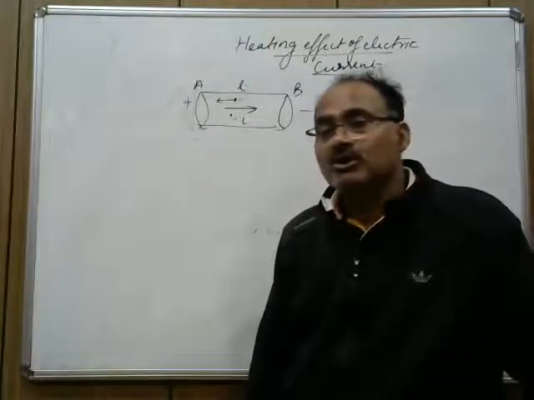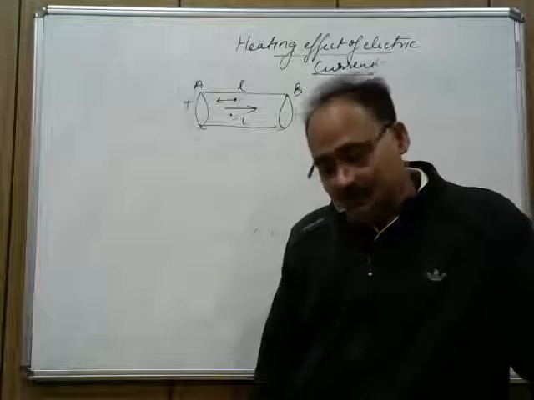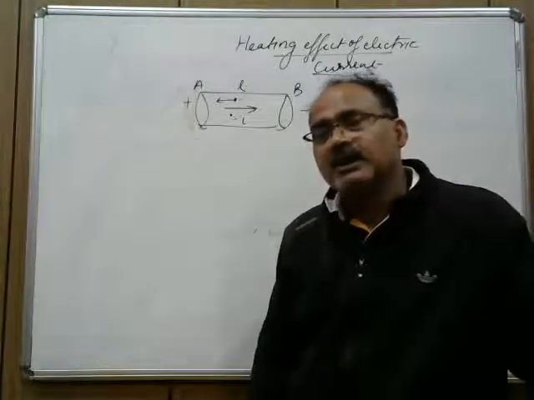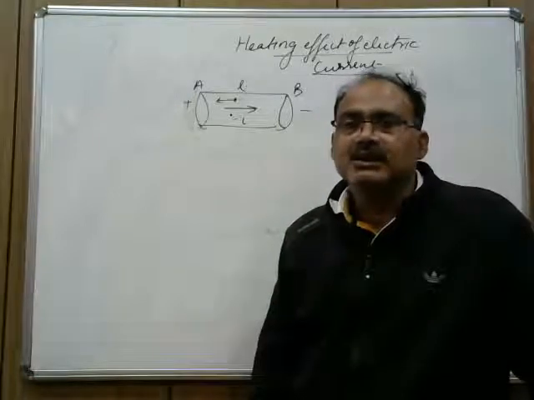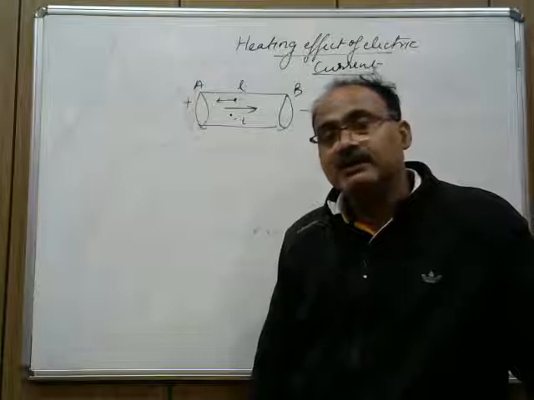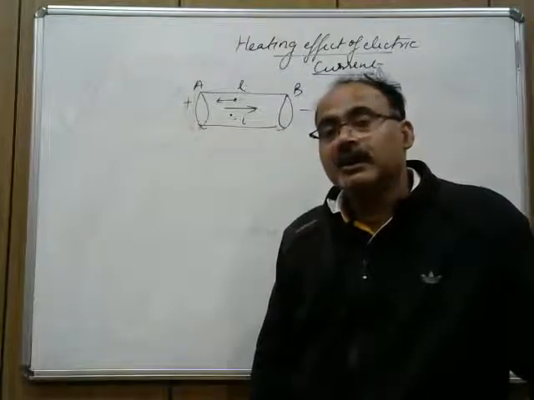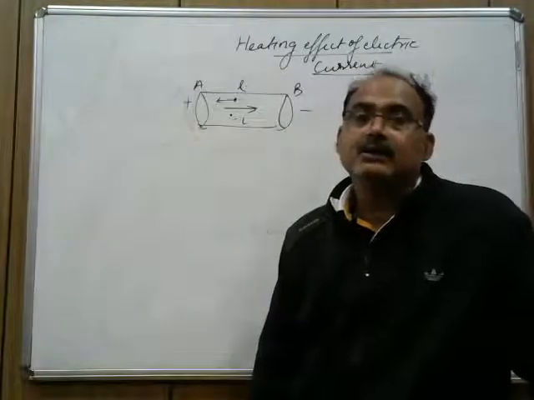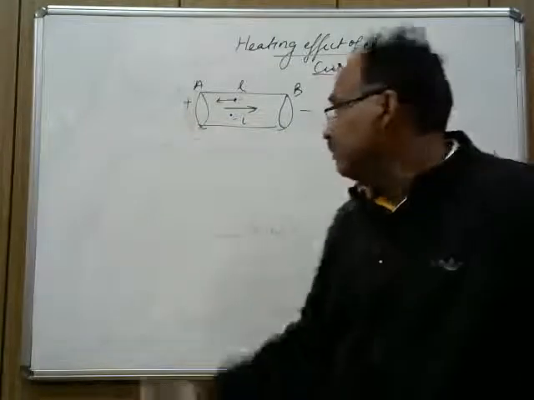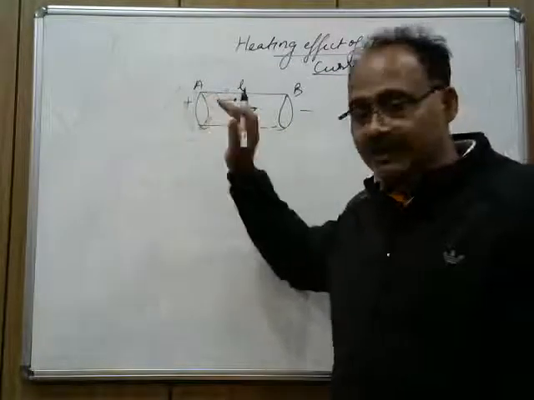Now when there is a loss of kinetic energy in the electron, then certainly according to the law of conservation of energy, heat will go somewhere in the conductor and that heat is dissipated in the form of heat energy and that heat is called Joule's heat. So this is the basic about the generation of heat.